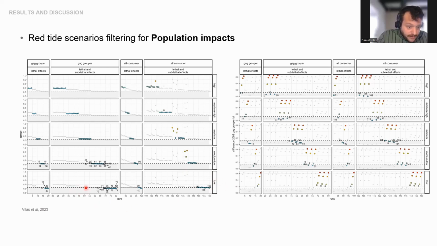And then we have the ones that fall into this gray rectangle. These are what we call good red tide scenarios, in terms of approximating what we see for the gag grouper population in the stock assessment, because they lower the root mean square error, or the difference in the natural mortality for 2005 was low.